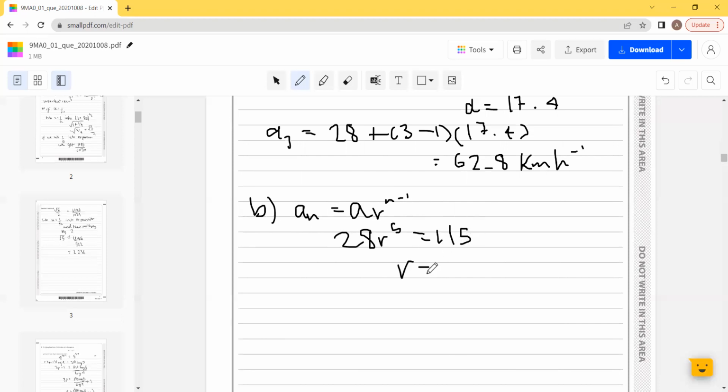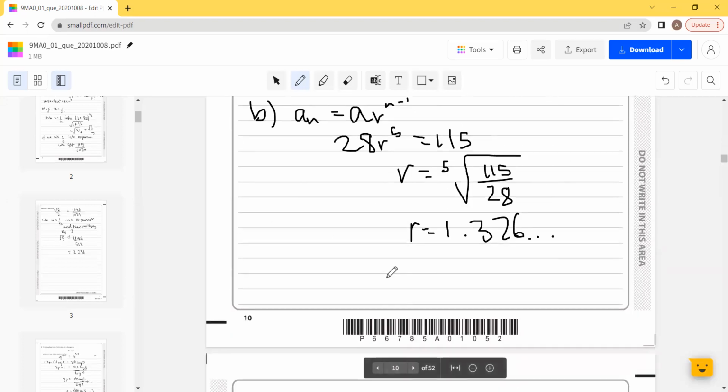So r is the fifth root of 115 over 28. Okay, so r is approximately 1.326. So if I do the fifth root of 115 over 28, I get 1.326.